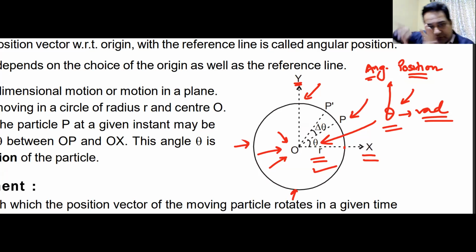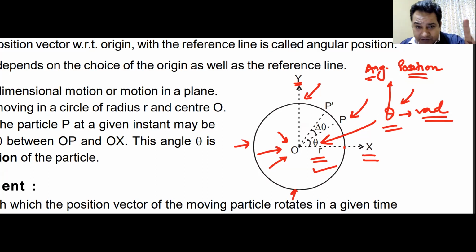Angular position, position vector. But the subtle difference is this was a vector. This is just an angle. So it is a scalar quantity, just an angle. This was a vector. Position vector, angular position, same thing. They are telling us the position of this particle, and in circular motion it is always easier to give it in terms of this angle.